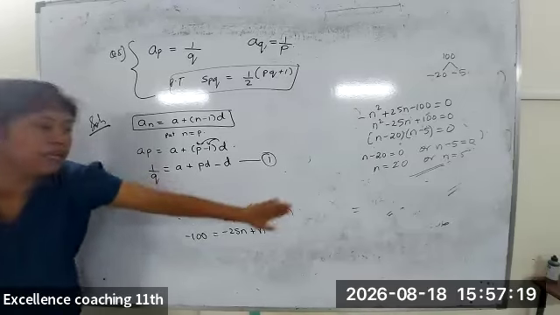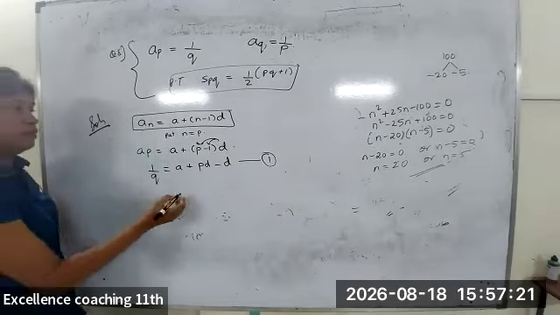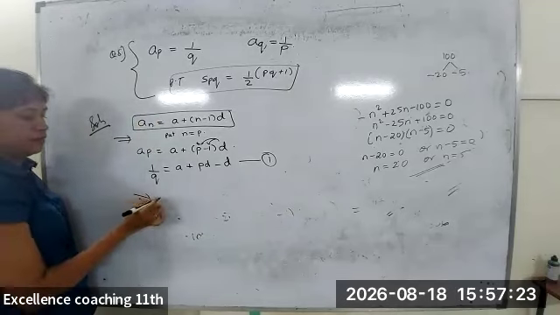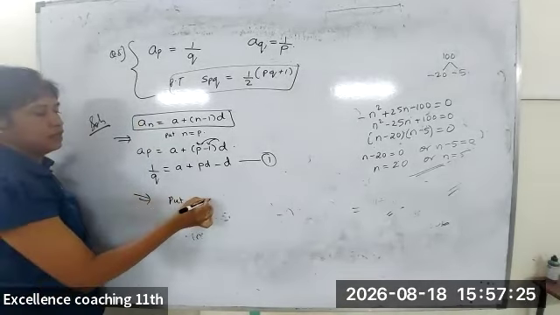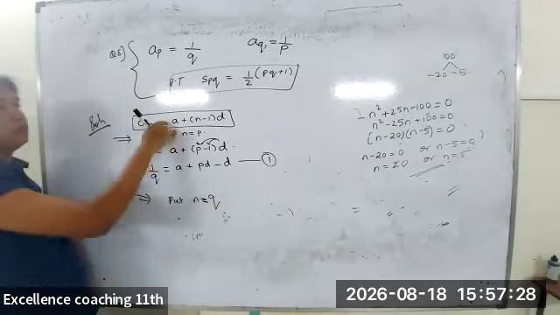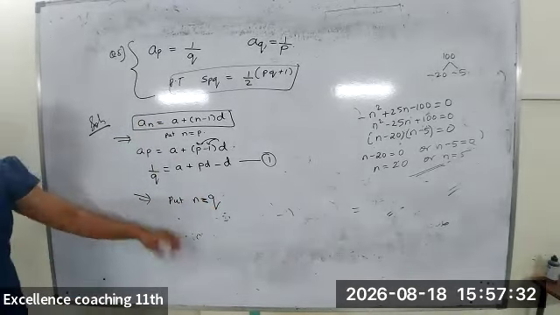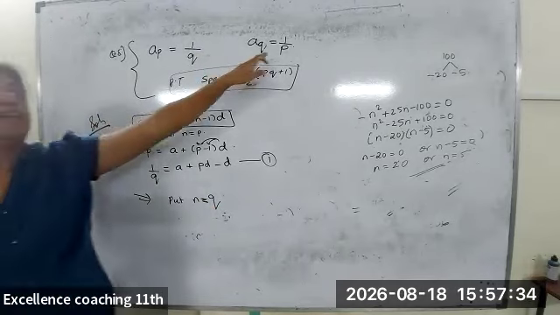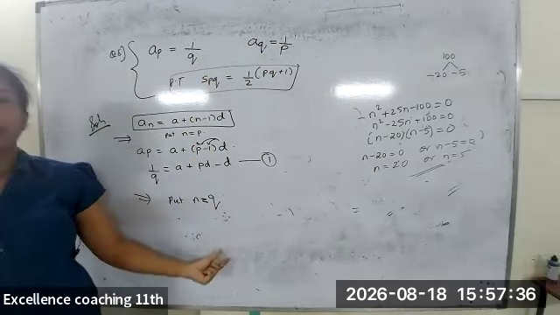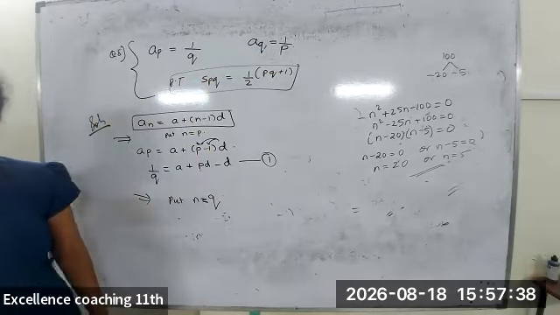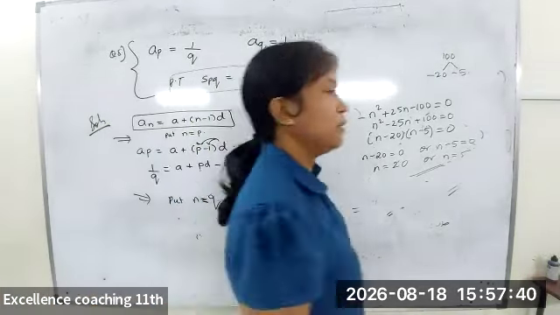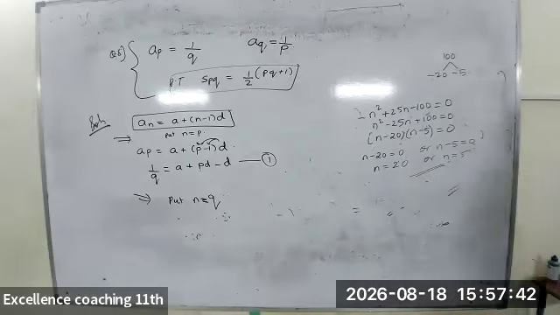Now in the same formula, put n as q. Instead of n, put q, and then put 1 by p. So like that you'll get another equation. Write them one below the other and solve them by the elimination method and find the value of d.